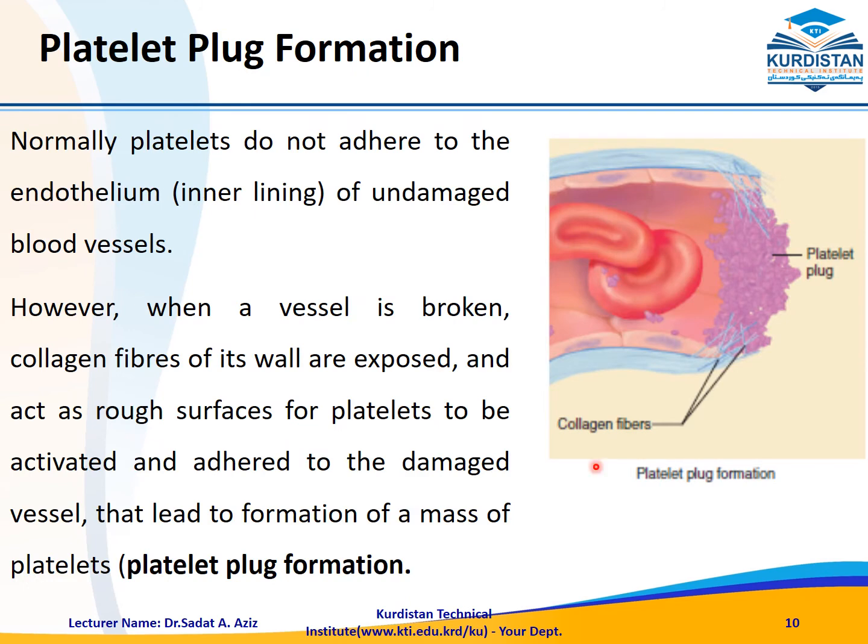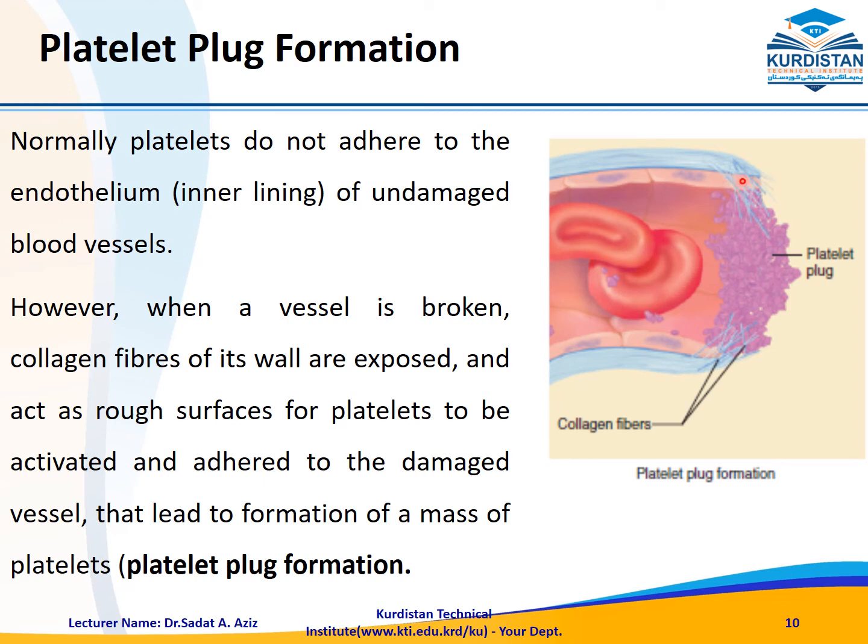So as we mentioned before, the second process during the process of primary hemostasis is the platelet plaque formation. Normally, the platelets cannot adhere to the healthy blood vessels or the endothelial lining of healthy blood vessels, and the platelets and the other cells can be expelled from the endothelial lining of the blood vessels.